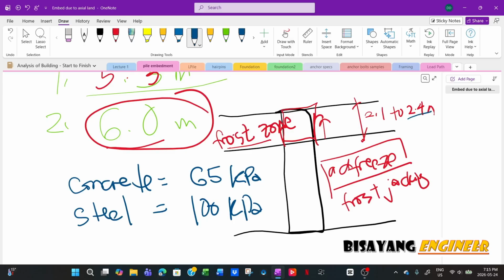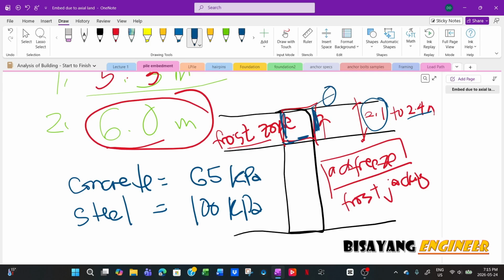Say this is 2.4, usually between 2.1 and 2.4, it depends. Some geotechnical recommendations would say 2.1. Any skin friction within this zone will be neglected. It will be equal to 0.